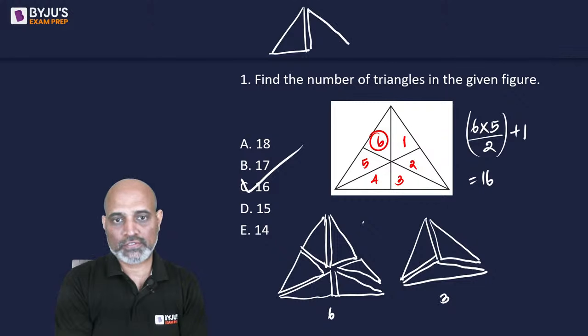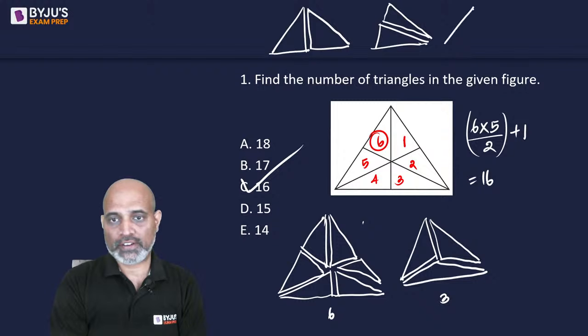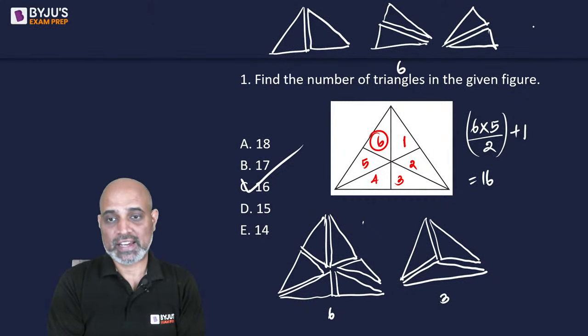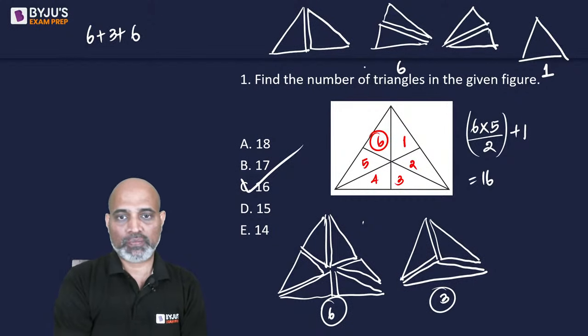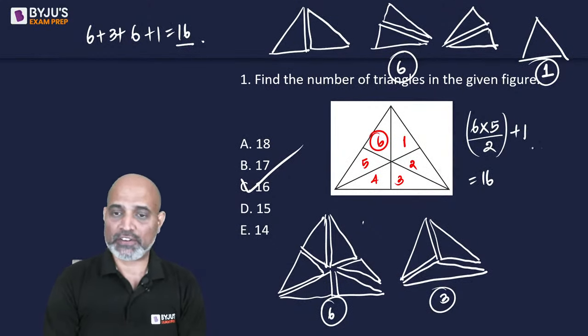So you will have 2 like these, 2 like these, and 2 like these, a total of 6 triangles here, and then you have one large triangle. So you have got 6 plus 3 plus 6 plus 1, a total of 16 triangles, right? या फिर आप ये formula याद रख लो.